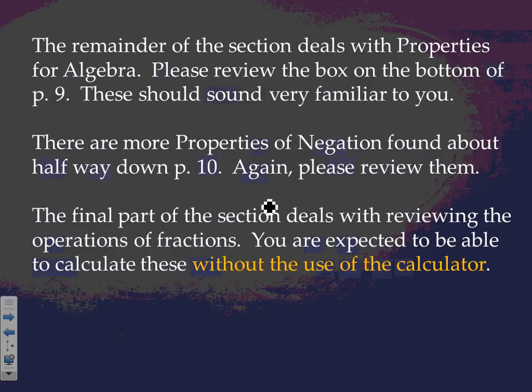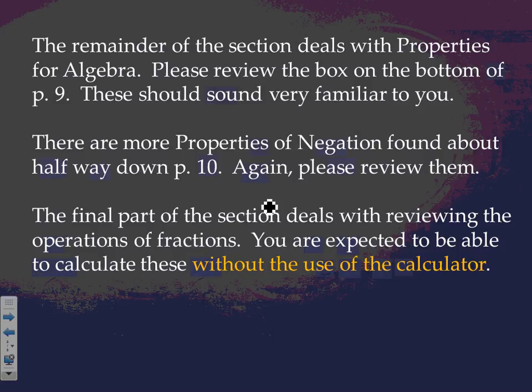Multiplicative inverse, if you multiply a number by its reciprocal, you always get a total of 1. So that's just a review of a lot of properties. Again, you've seen them for many years. Maybe you haven't completely pounded down the name of each one with what it does. Mostly the focus is on understanding that it does what it does, and we'll try to polish those up and finish those off this year.